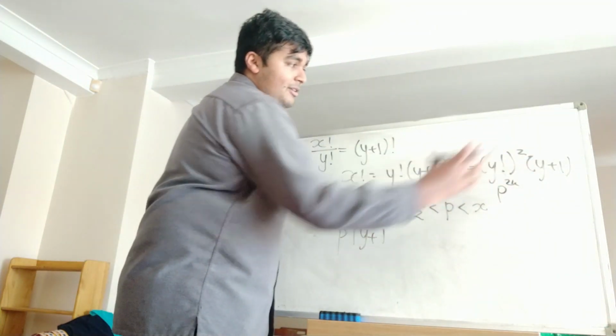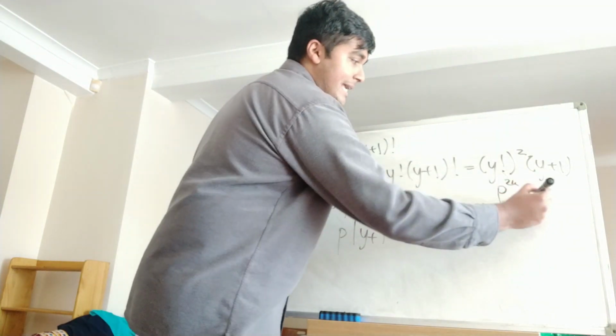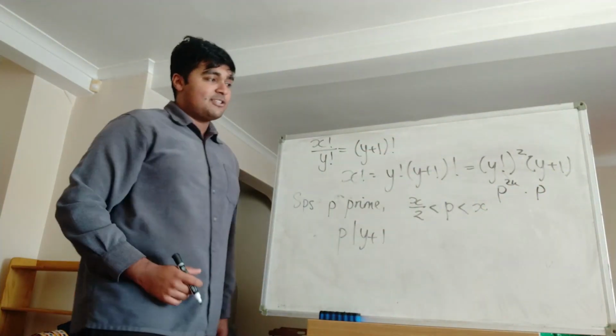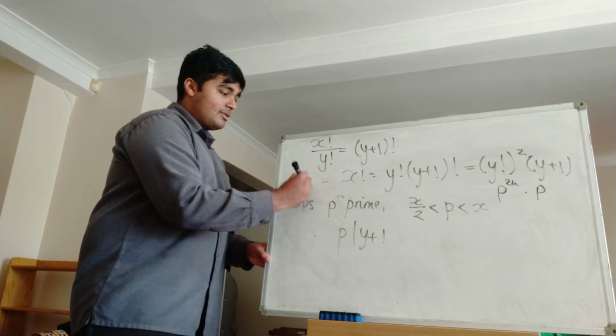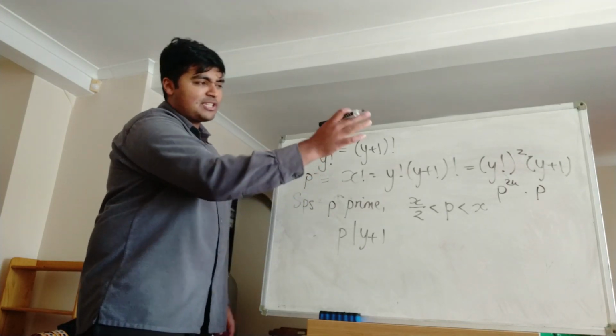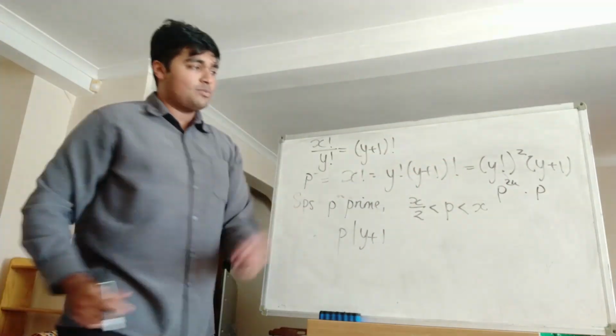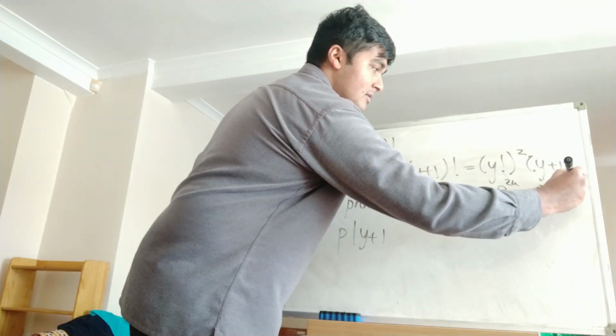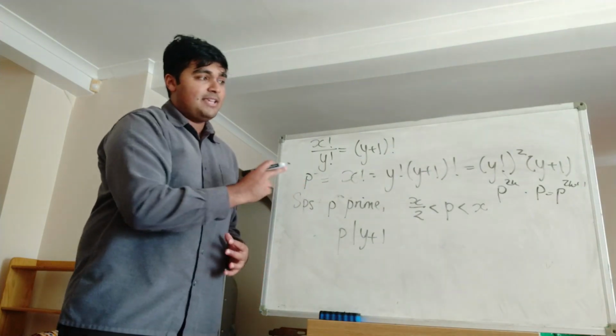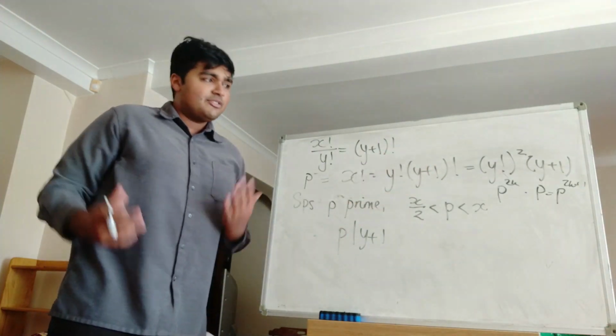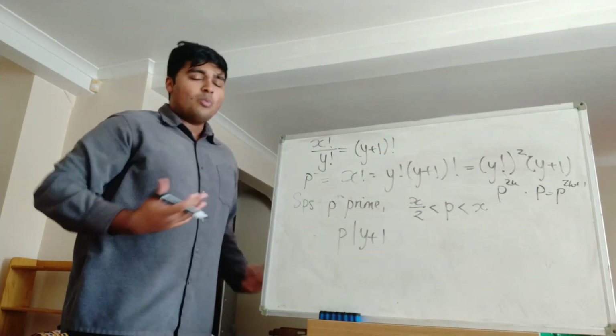Then when we look at y factorial squared, we'll have p to the 2k and then times a p here. So we have p to the 2k plus 1, and that equals p to the something. If we look at the powers of p, we'll have p to the 2k plus 1 equals p, just p alone, which means that k must be 0. So that means that p can't actually divide y factorial.